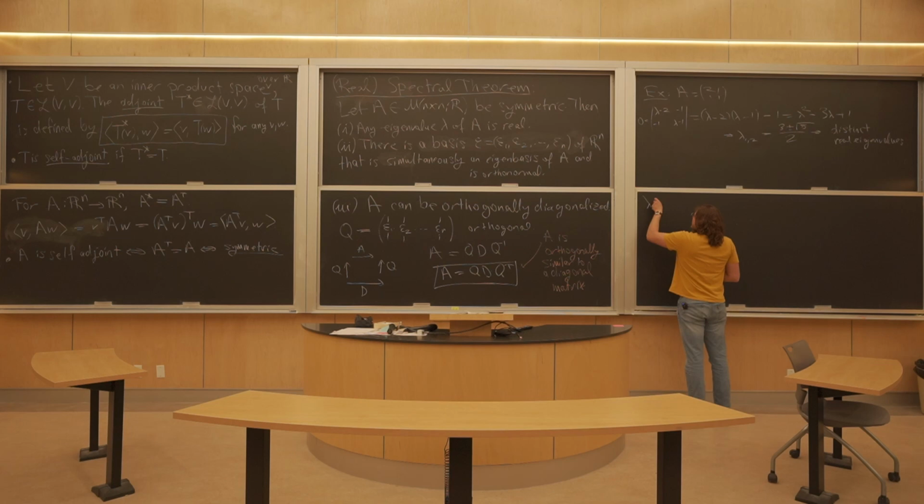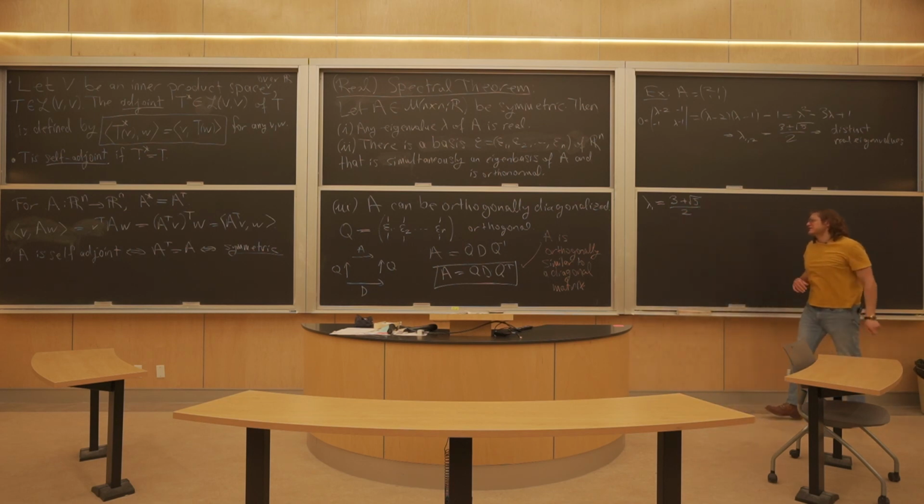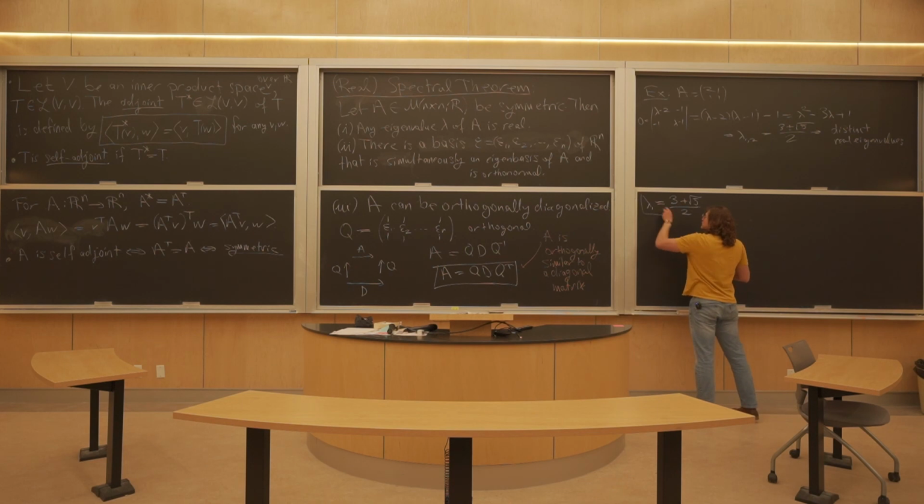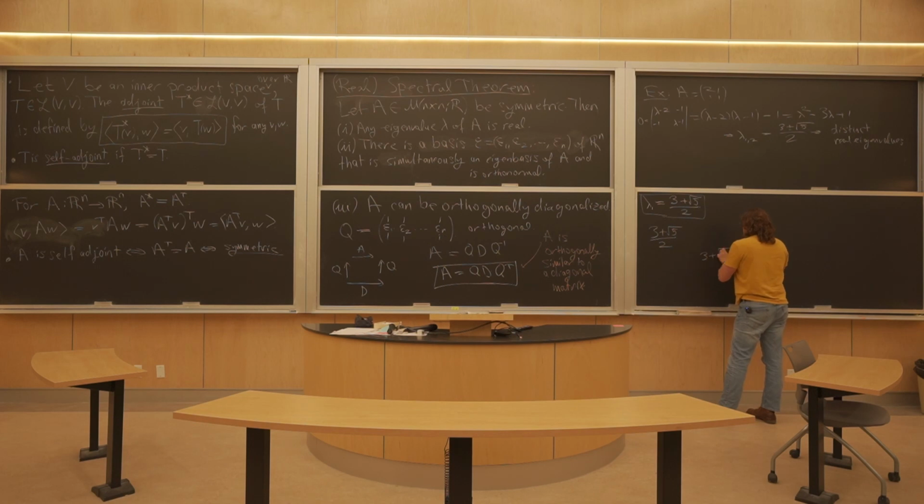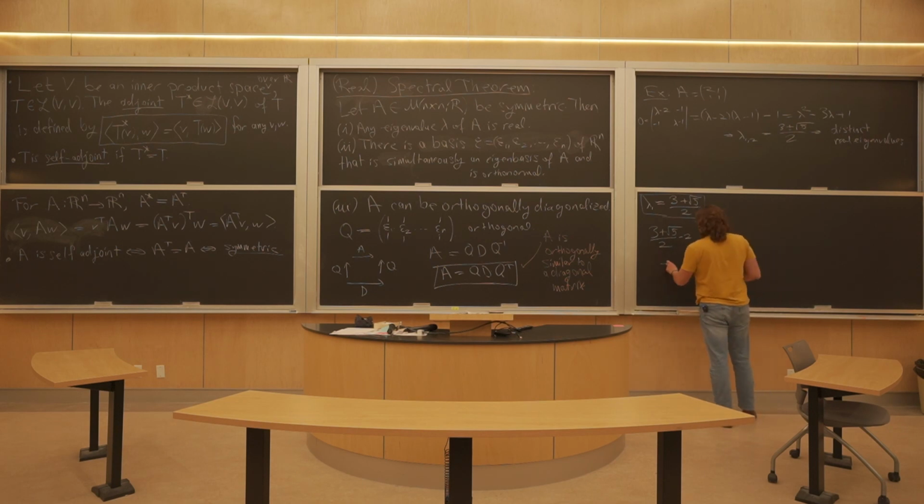So let's say that lambda 1 is the one with the plus. Okay, now I need to find an eigenvector for this. Putting this on the diagonal, and then subtracting the entries of A, I have this, minus 1, minus 1.